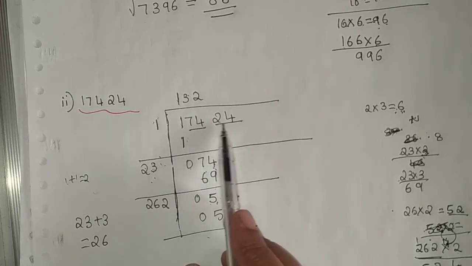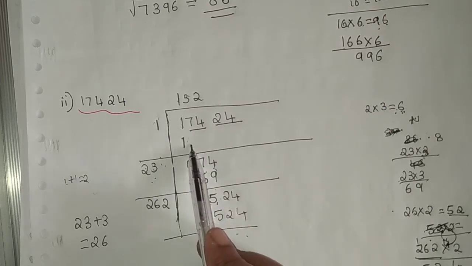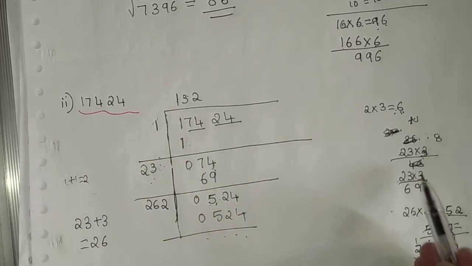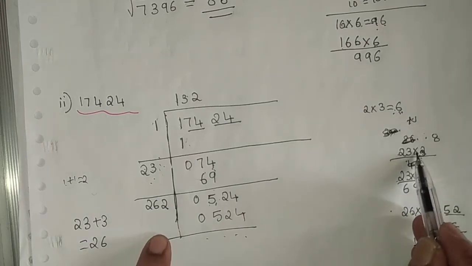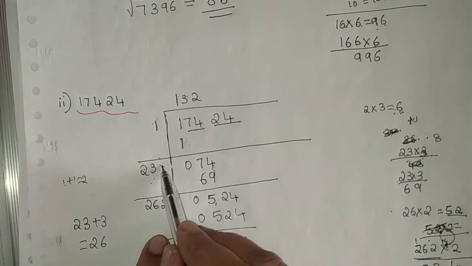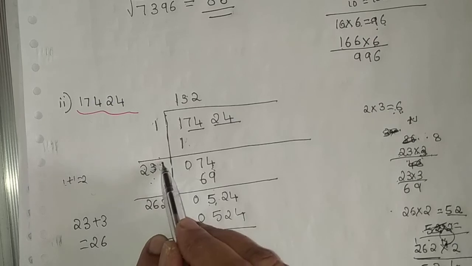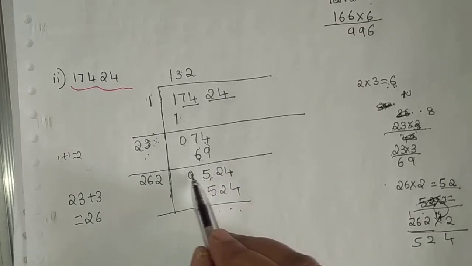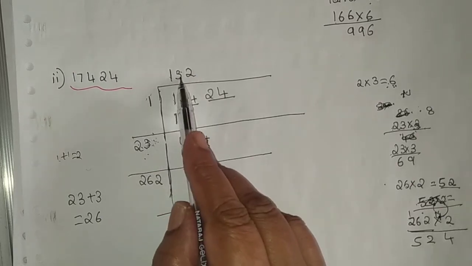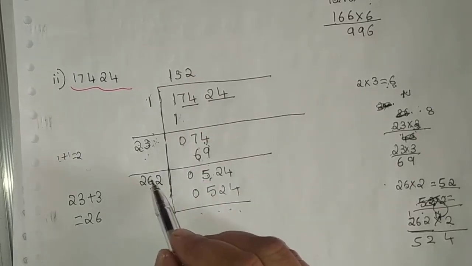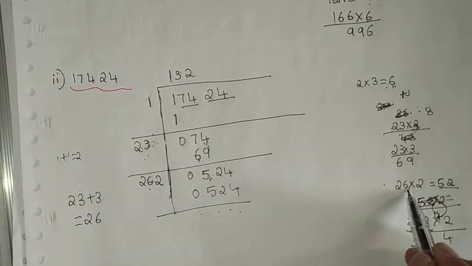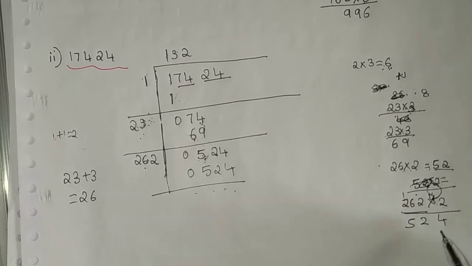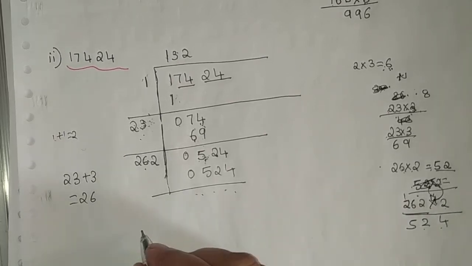First, pair these numbers, that is 5 numbers are there, pair these, 1 is remaining, 1 ones are 1, that is the square of 1 is 1, then add these 2, take the nearest number, that is you take 23 into 3, the nearest number, that is 69 we got, then 69 minus this we get 0 5, again add 23 to this 3 we get 26, so 26 into 2, then find out 26 into 2, the nearest number to this will become 52, 52 again 262 into 2 will become 524, minus this we get 0.